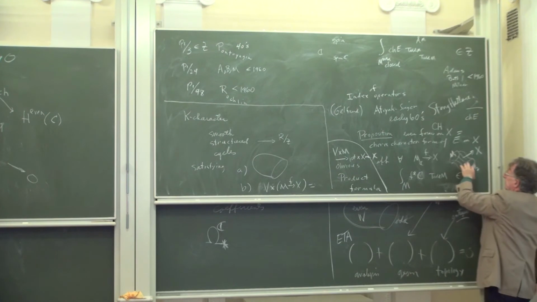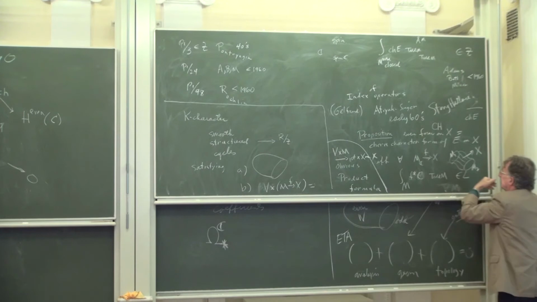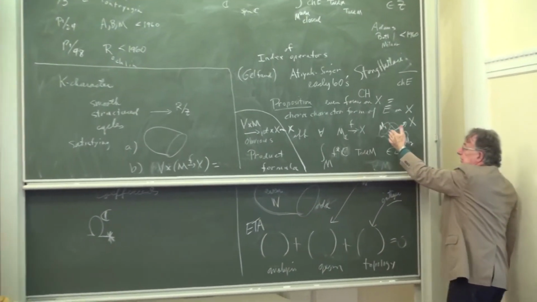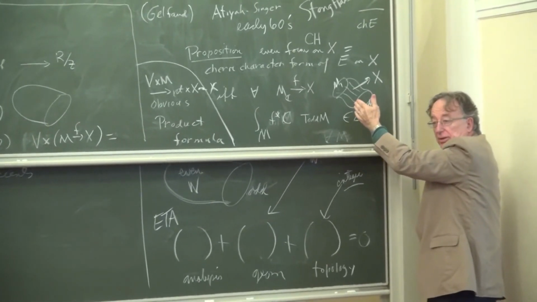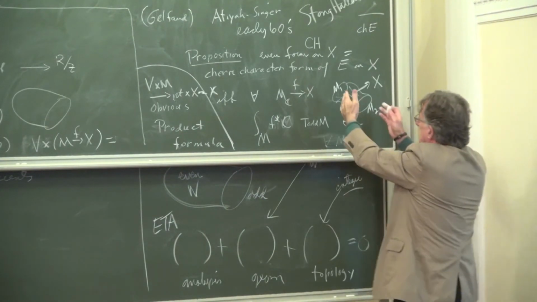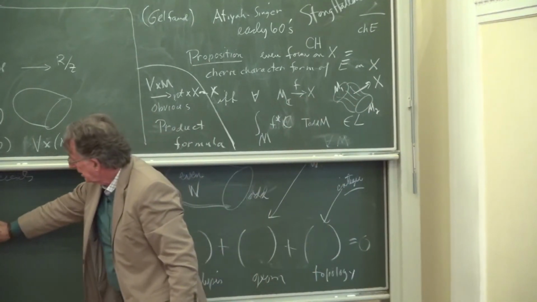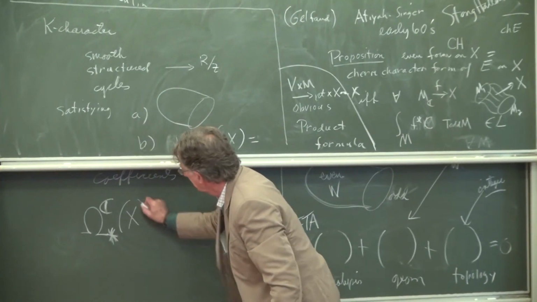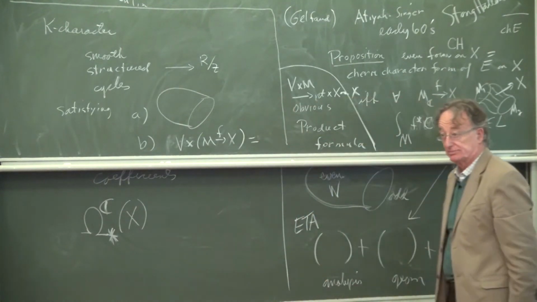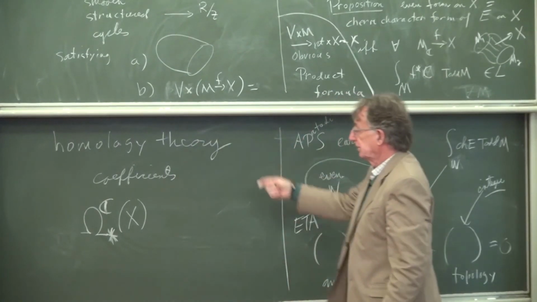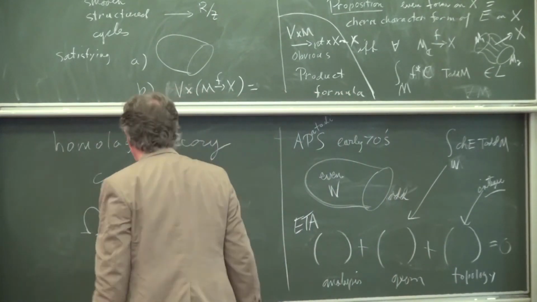And if the almost complex structure that you have here and here extends over the middle, then we say these two cycles are homologous in the Bordism theory. Okay? This is like homology theory. And when we take homology classes, we get a homology theory. I put the star down here. This is Bordism, complex Bordism of X. Okay. So this is a homology theory, and this is a cohomology theory.